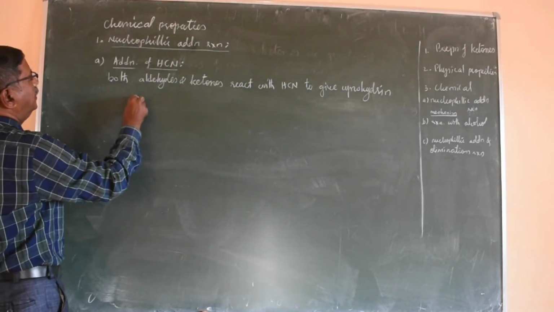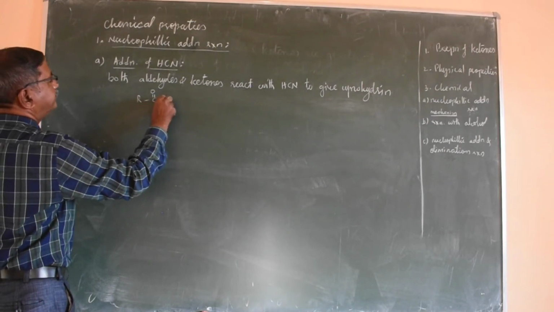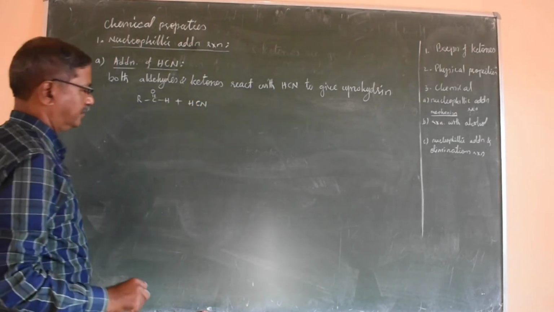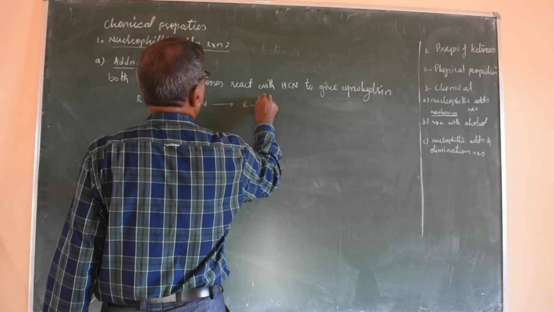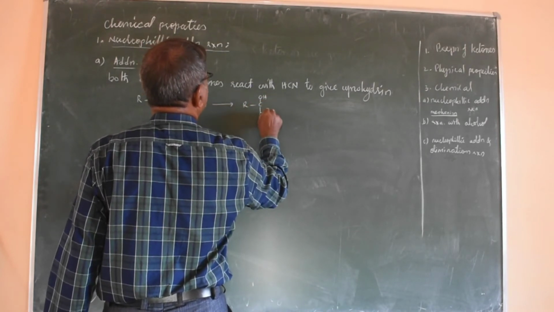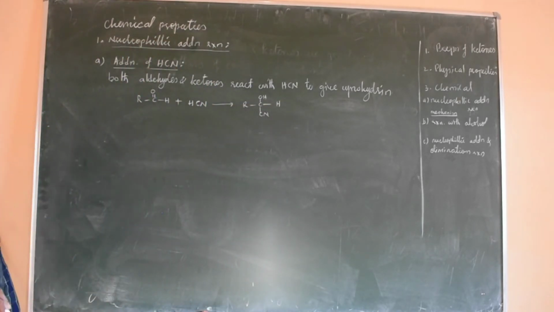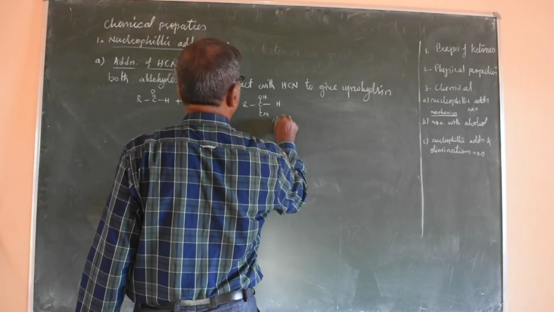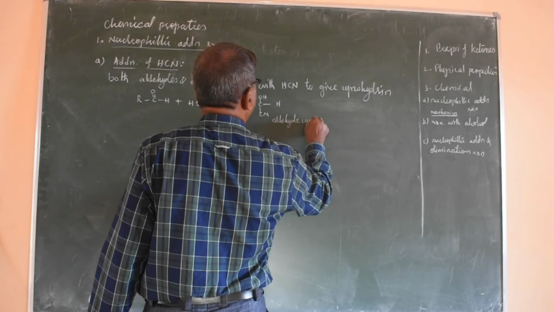So for an aldehyde, R C double bond O H plus HCN, the product is R C OH CN and H. This is called an aldehyde cyanohydrin.